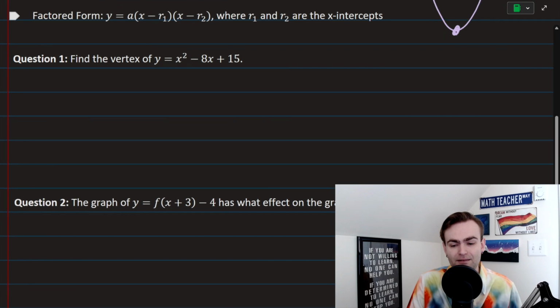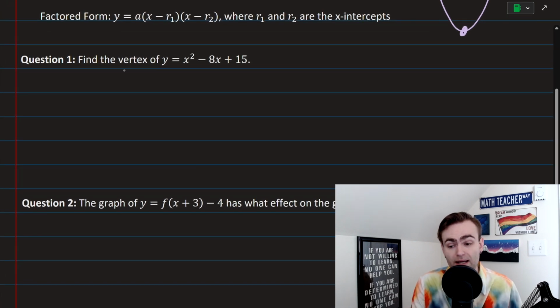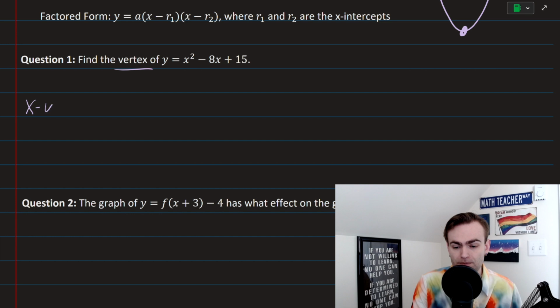So if I have a quadratic in standard form here and I want the vertex, I don't get that quite nicely from this equation. But I do have a trick up my sleeve. The x value of the vertex I can always get from standard form, which we do call this h.